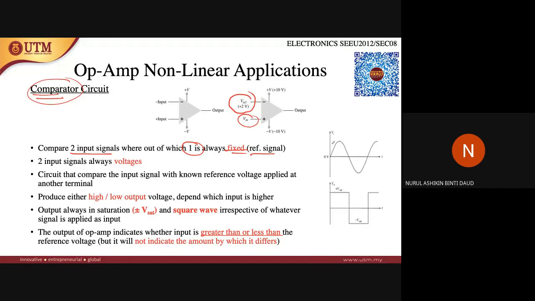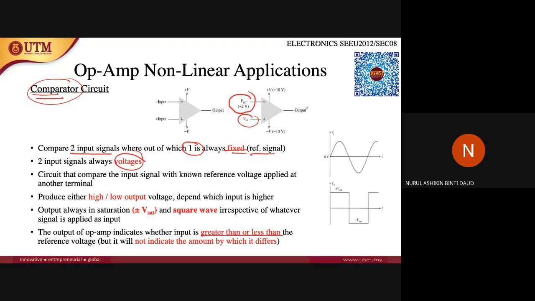Both of these signals represent a voltage. So in the comparator, the op amp will compare these two signals, and the result will come out at the output.